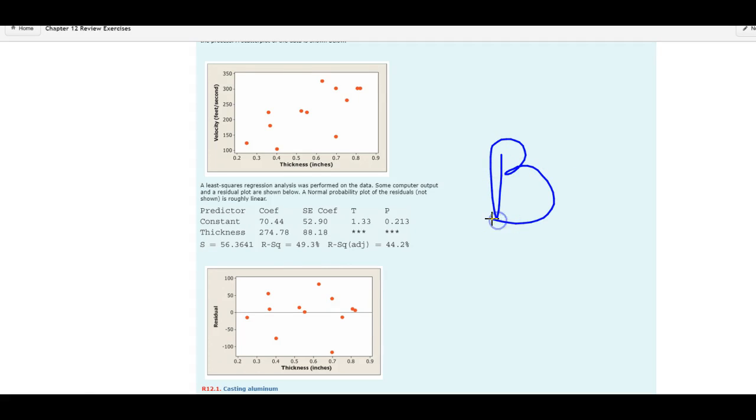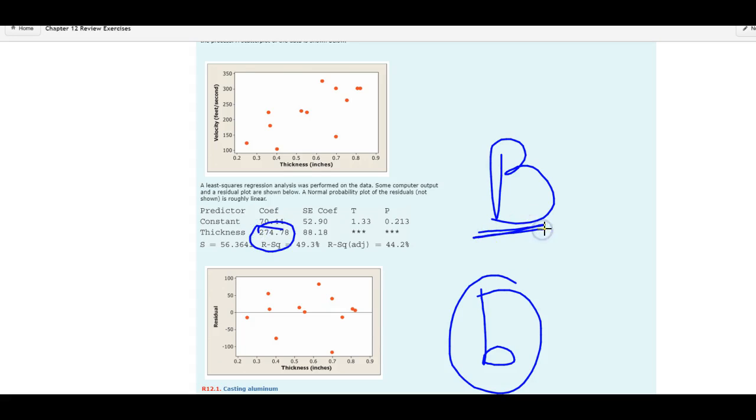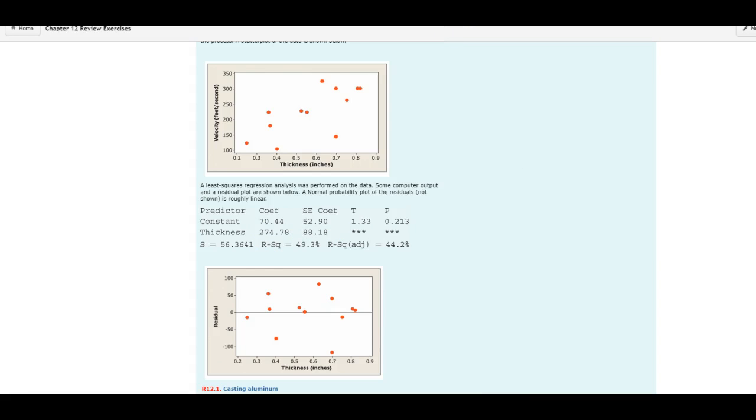We get beta, we use little b to estimate it. So this is like p hat, and this is p. This is like x bar, and this is like mu. So we'd expect this b here, which is what we estimated, to differ from beta by about 88.18. Okay, that's the standard error of the slope. It's a standard deviation of the sampling distribution, kind of the same definition that you've had for standard error for probably a bunch of chapters.